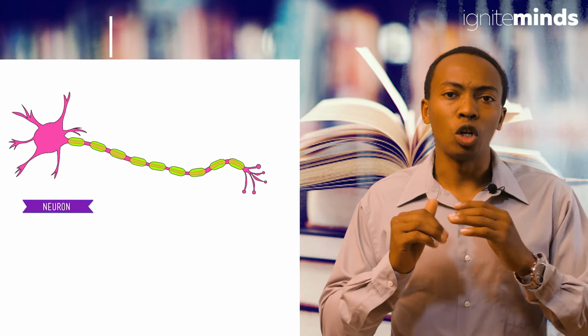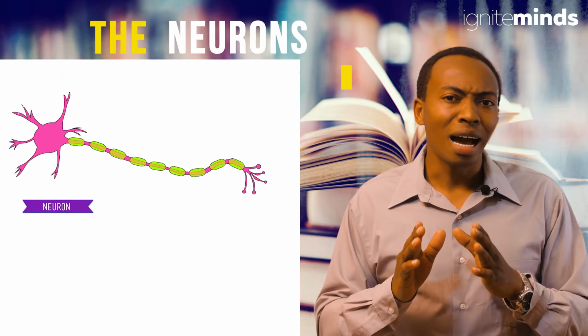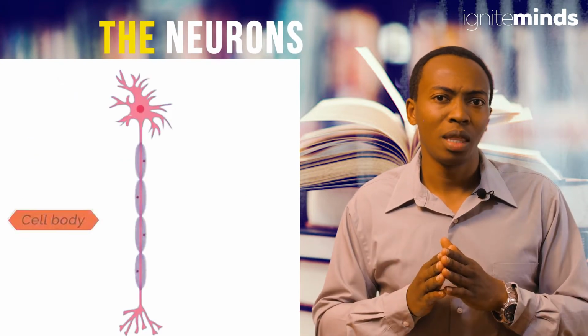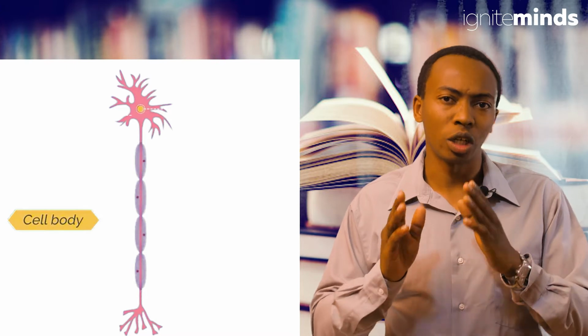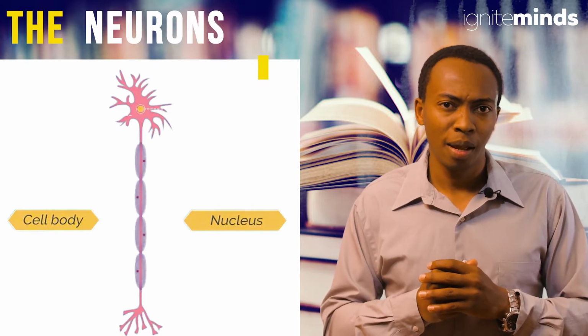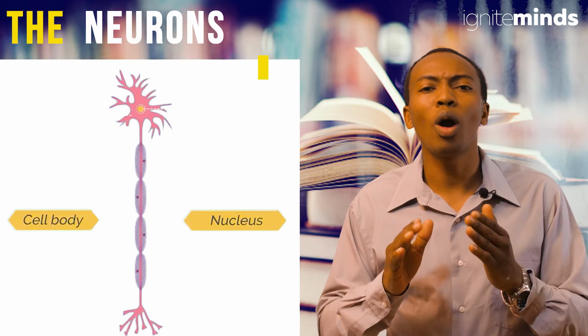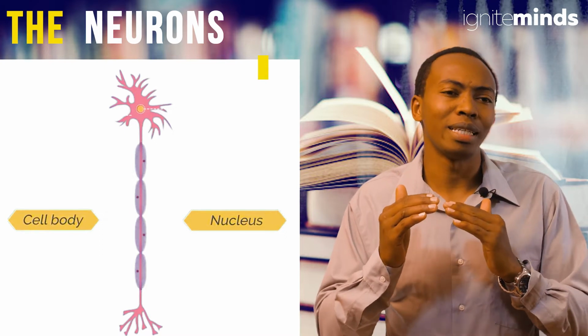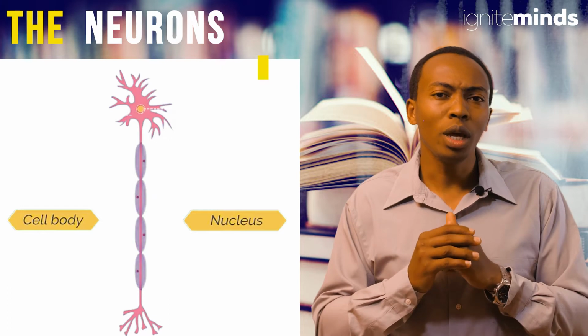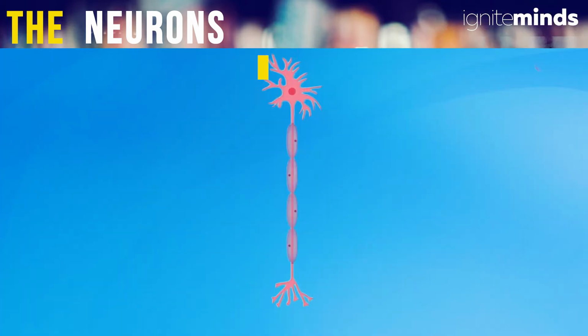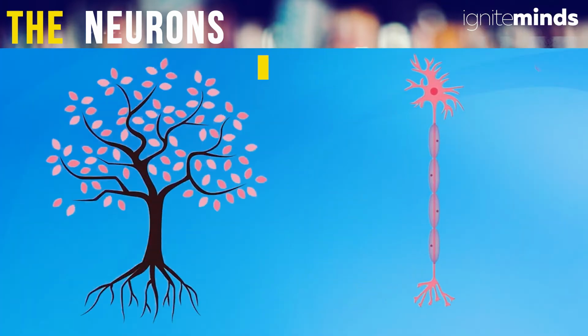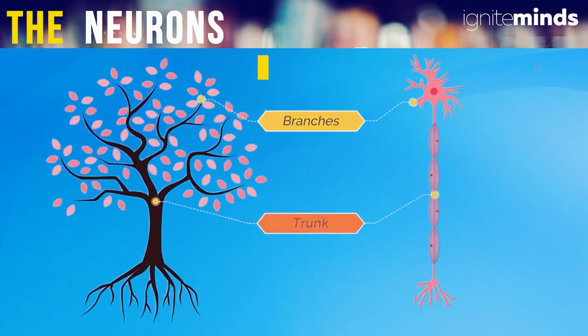Now, the neurons. The neurons are complex cells that have a nucleus also. If we are trying to explain neurons in a very simple way, we can take neurons to be like a tree, where we have the branches, the trunk, and we also have the roots.